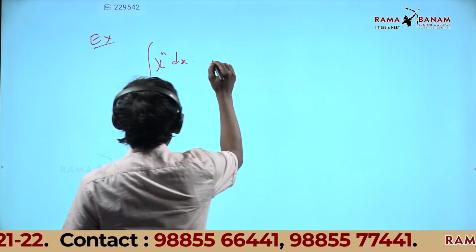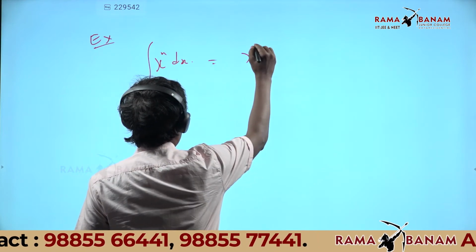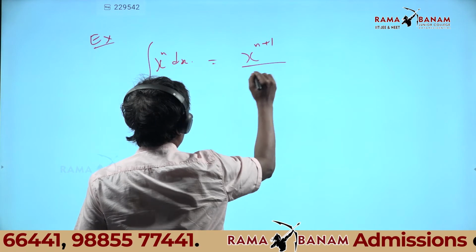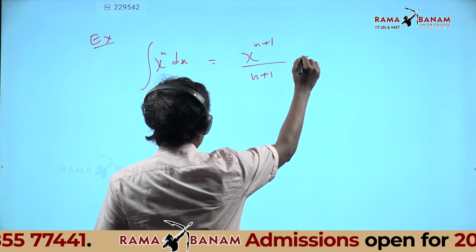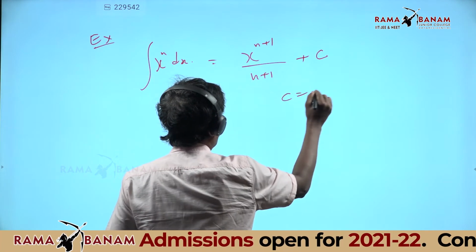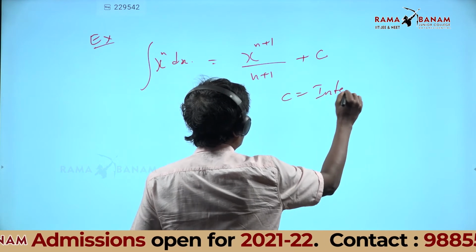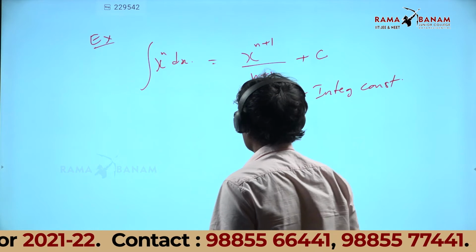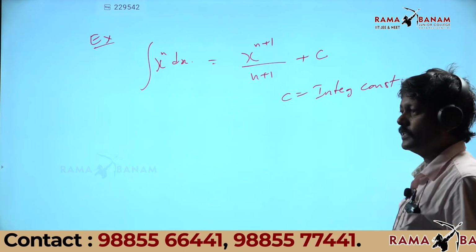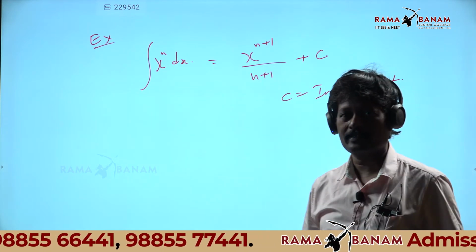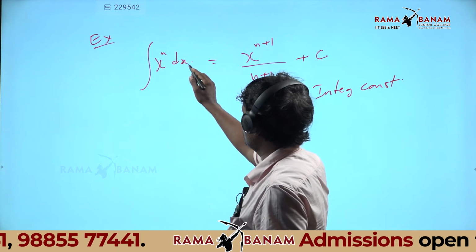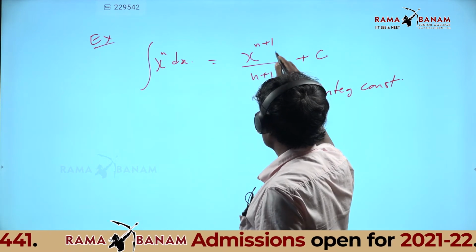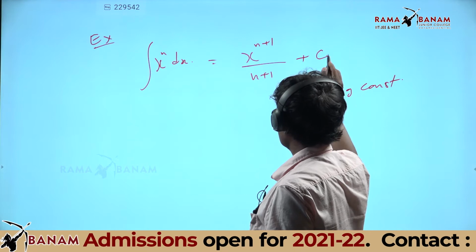This formula is x power n plus 1 by n plus 1, plus c. c is called the integration constant. I will tell you what that is. So the formula for integration of x power n dx is x power n plus 1 by n plus 1 plus c, plus constant.